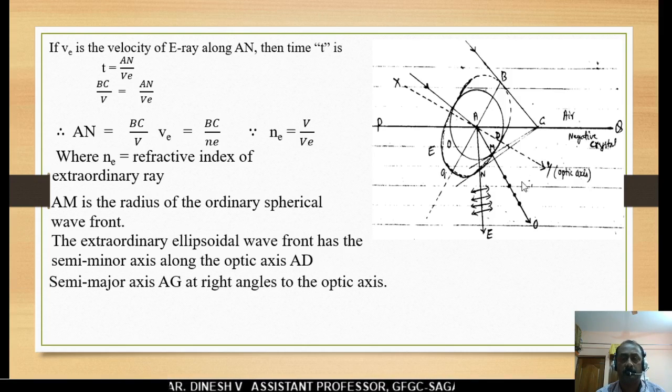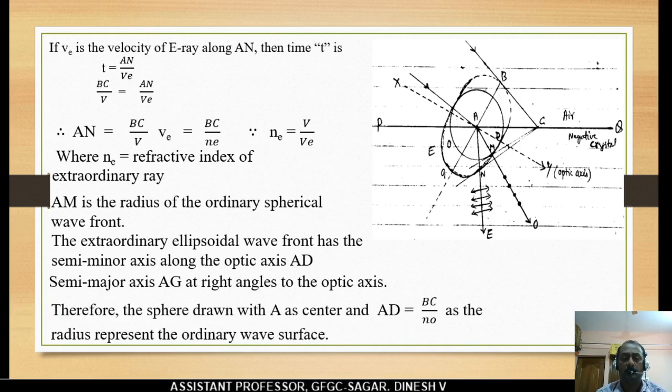The semi-major axis AG is at right angles to the optic axis, that is, AG is perpendicular to XY. Therefore, the sphere drawn with A as center and AD equals BC upon the refractive index of the ordinary ray as the radius represents the ordinary wave surface.